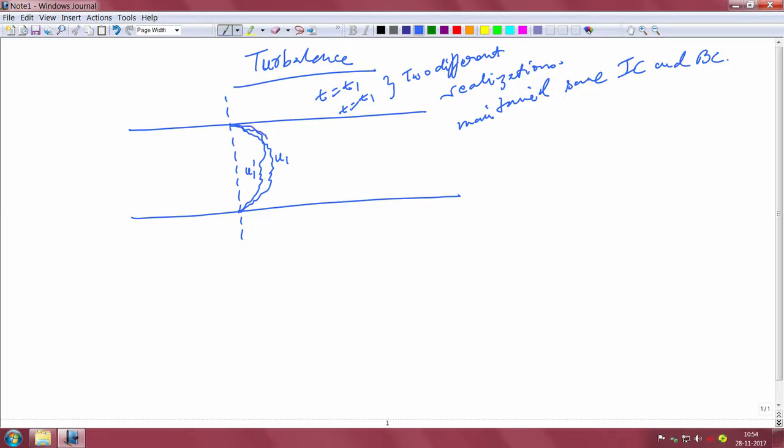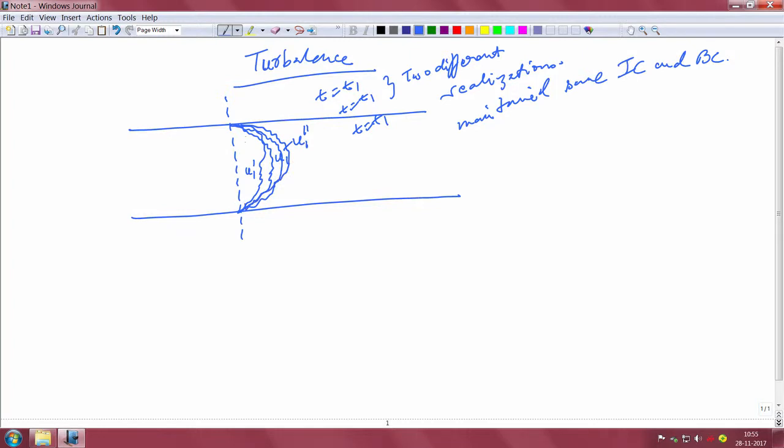So, you take the next realization, and that gives you something like this. This is say u double prime. These are not derivatives, these are not fluctuating quantities. Once again at time t equal to t1, with a third realization, you get a completely different profile. Initially your idea is, oh, my experiments should be wrong, I must be doing something very wrong.